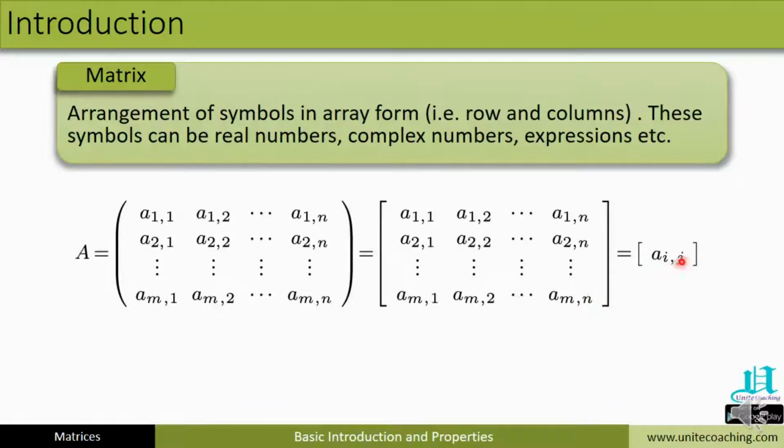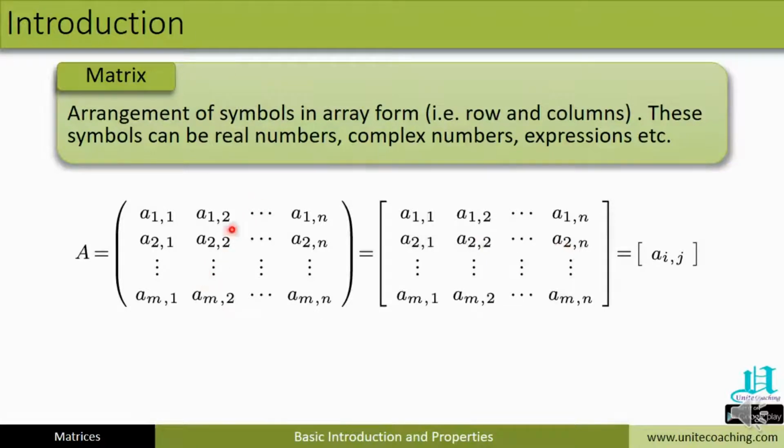So how do we come up with this compact form? We have represented the compact form as aij covered in square brackets. In this aij, i represents the row position and j represents the column position. Say we have a22: the value of i is 2 and the value of j is 2, meaning that a22 is present in the second row and the second column.